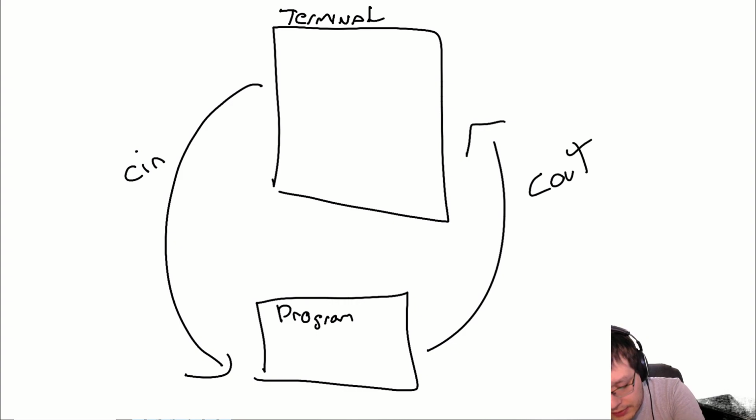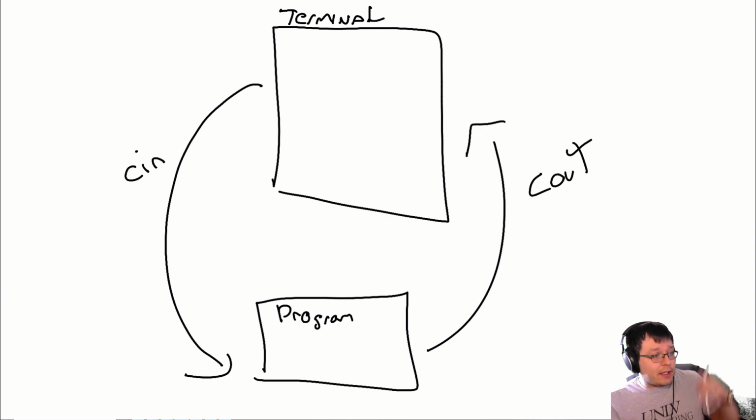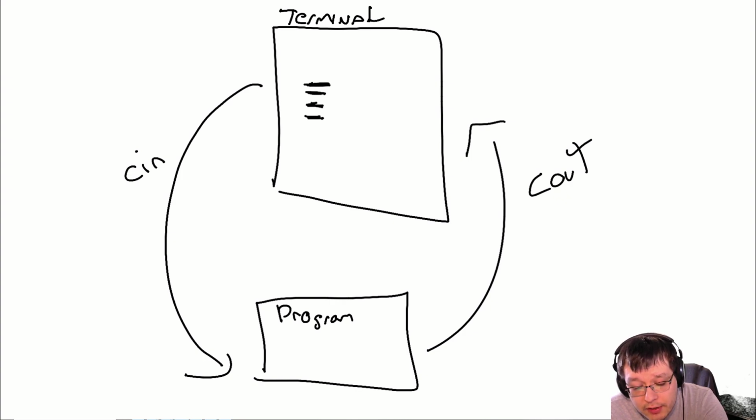Information coming out is cout. And typically it's a cycle, right? Because you ask for information, you receive information, you ask for more, you receive, and so on until your program ends. Okay, and so this sort of cycle is very convenient, but at the same time, you as a user have to manually enter information here, and also you have to manually read it.